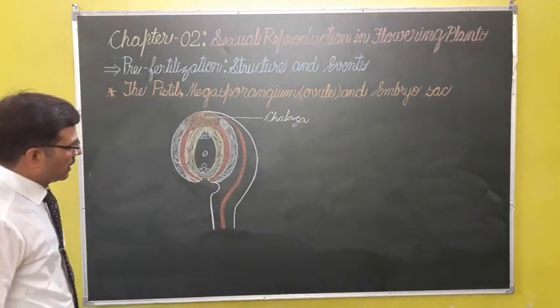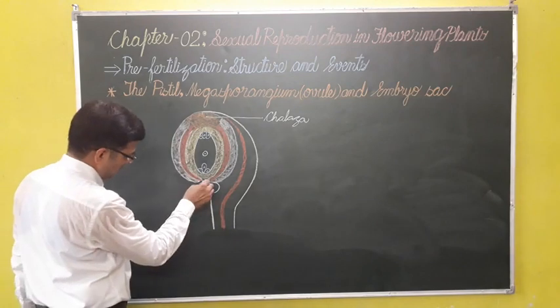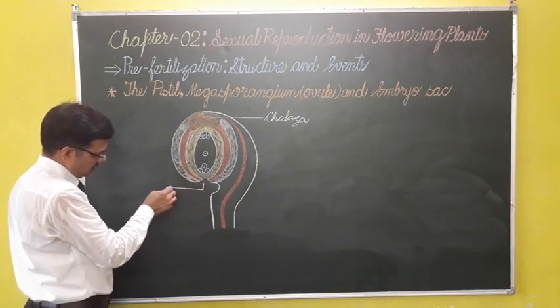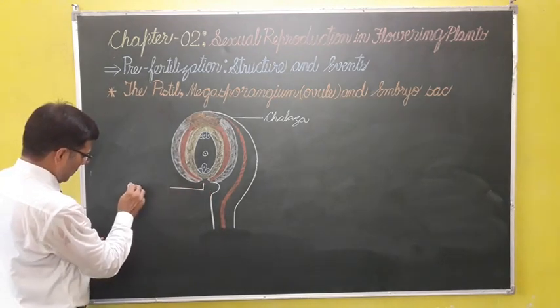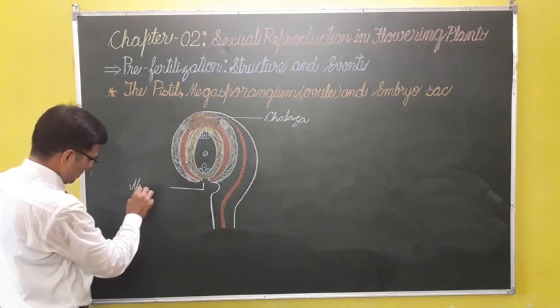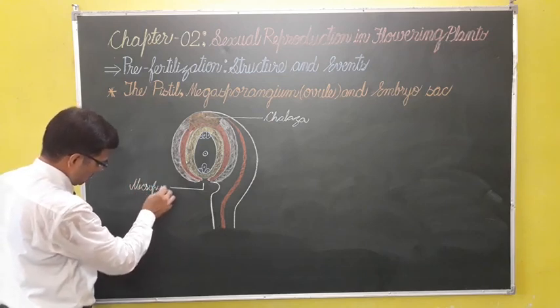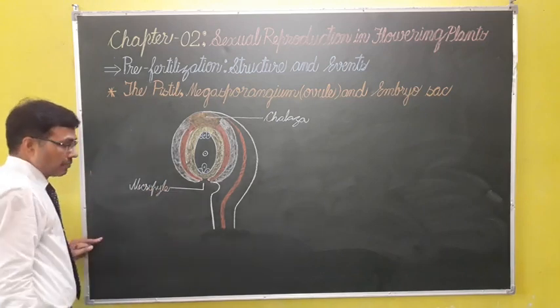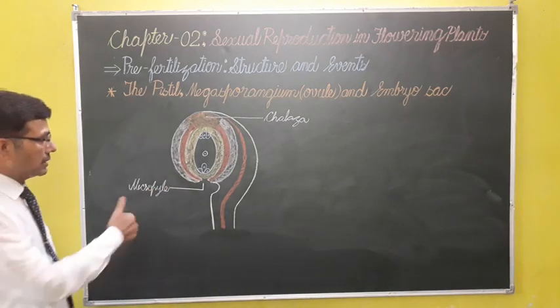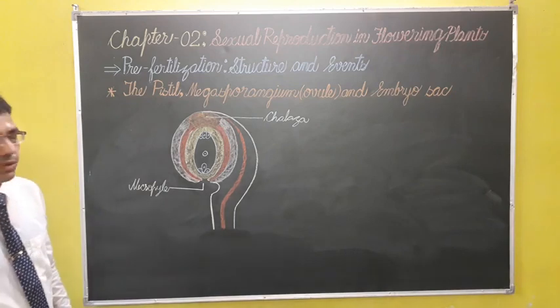Right? And just opposite to this is the micropyle. The micropyle is an aperture through which the pollen tube enters inside the female gametophyte, right?